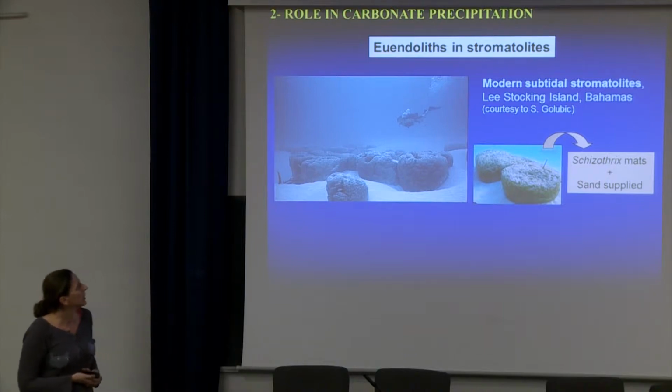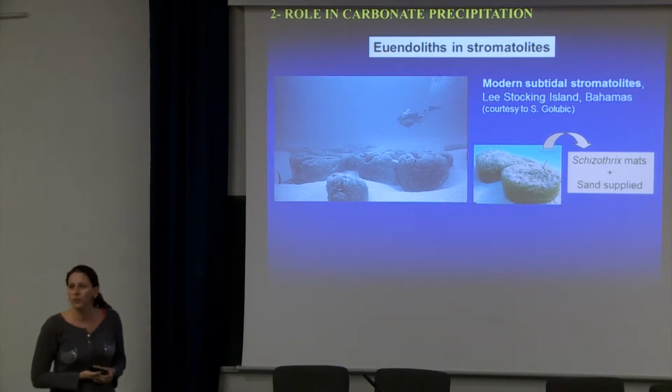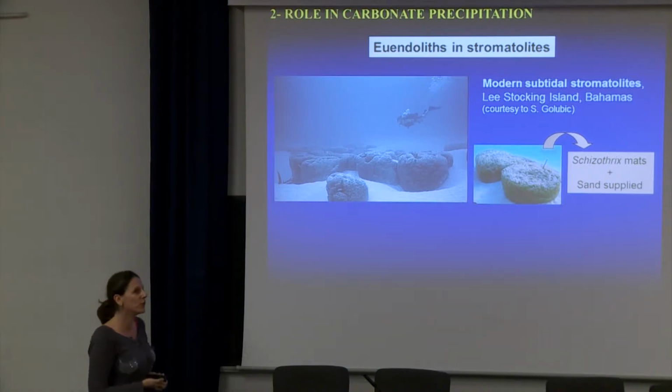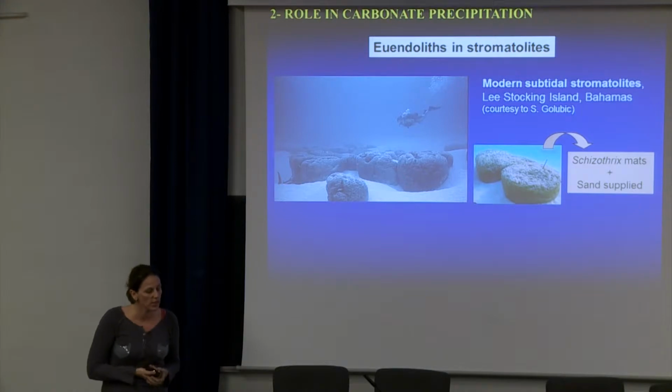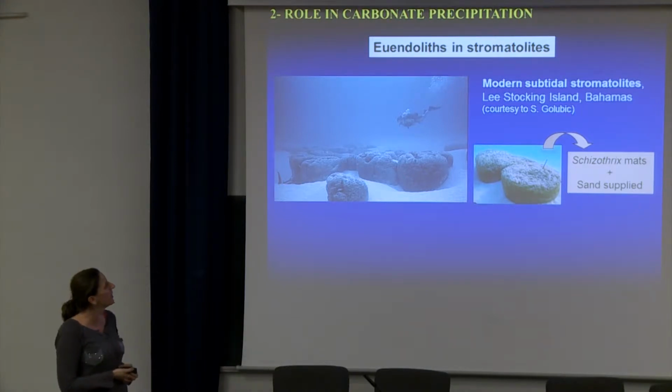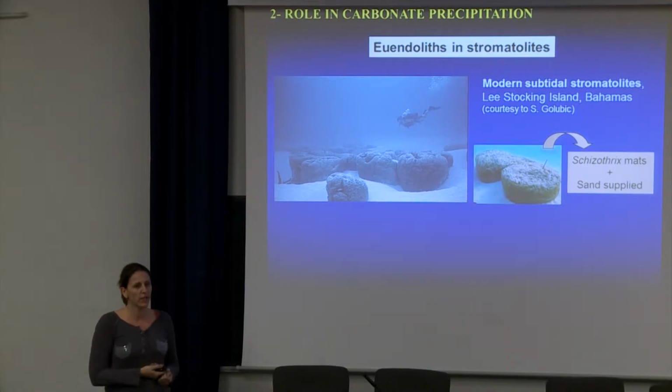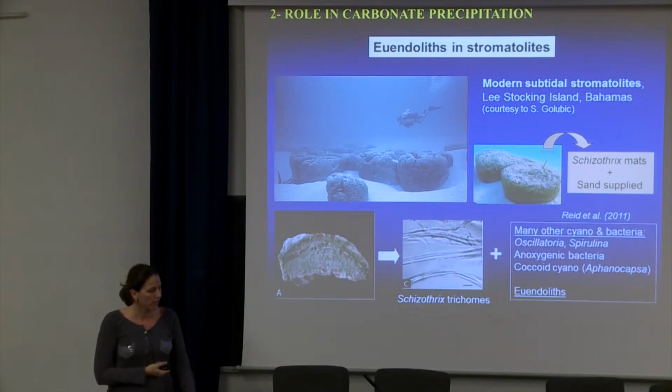So let's see the special case of stromatolites, and that's pretty much the same picture as you've just seen before. Those are modern subtidal stromatolites from the Bahamas. They are mostly made by mats of Schizothrix, which is a cyanobacterium, and by entrapping sand inside, they grow the structure, but they are soft at the start and then they are lithified.